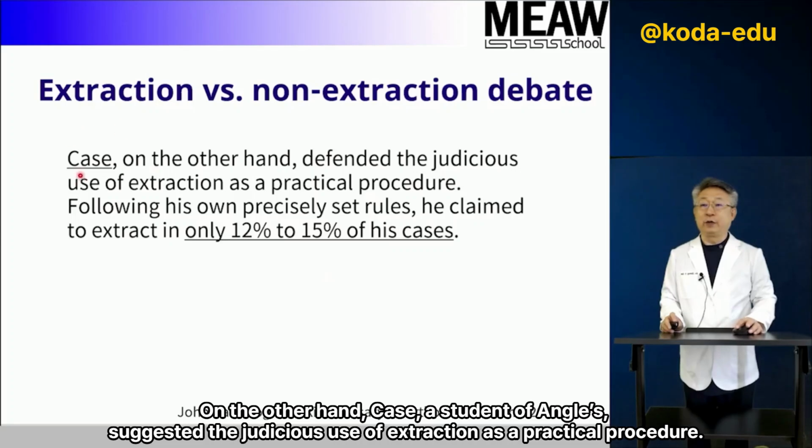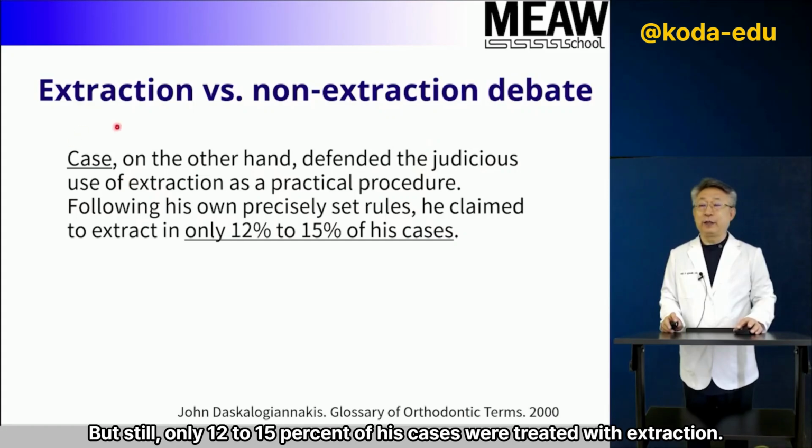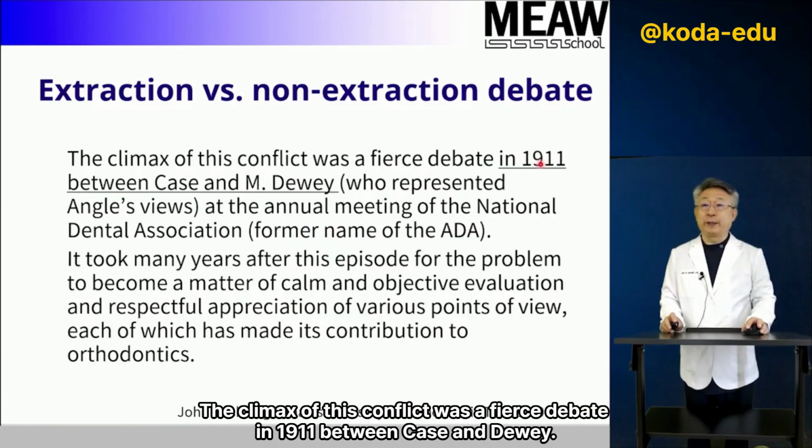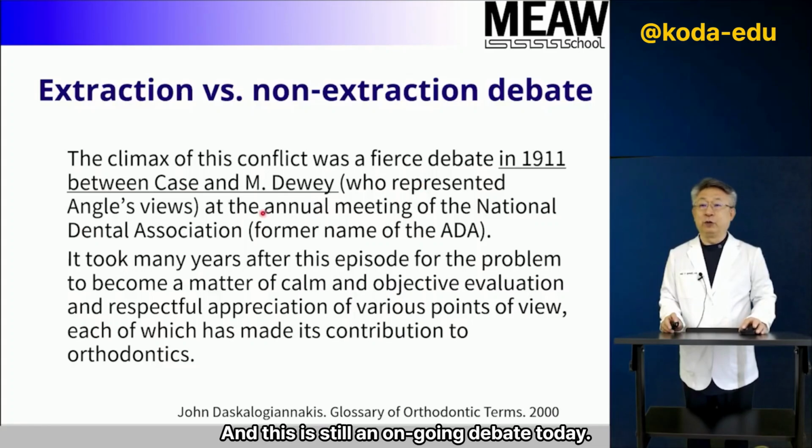On the other hand, Case, a student of Angle's, suggested the judicious use of extraction as a practical procedure. But still, only 12 to 15% of his cases were treated with extraction. The climax of this conflict was a fierce debate in 1911 between Case and Dewey. And this is still an ongoing debate today.